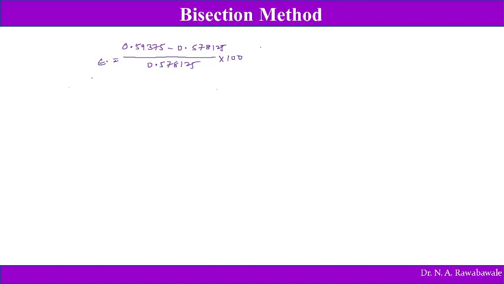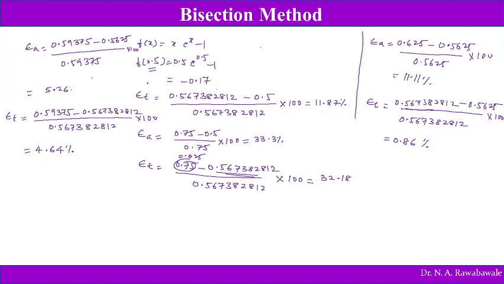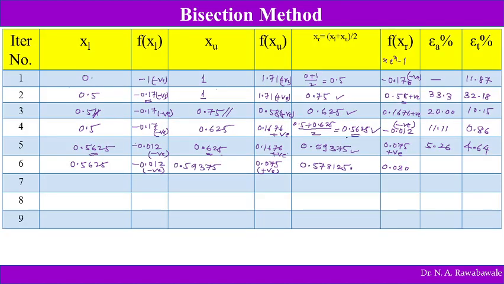So approximate error is going to be, earlier it was 5.26, it will be 2.7%. Approximate error is 2.7%.